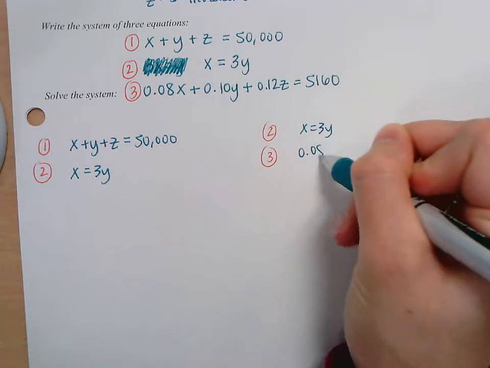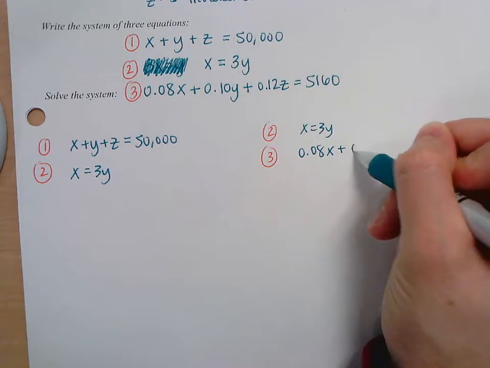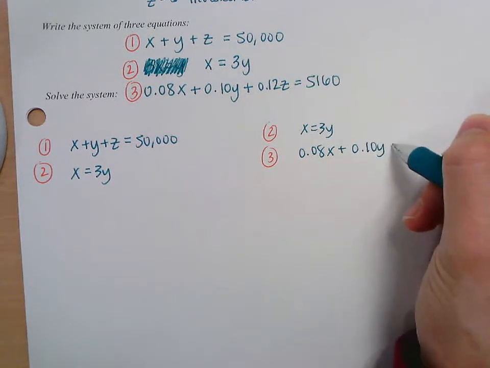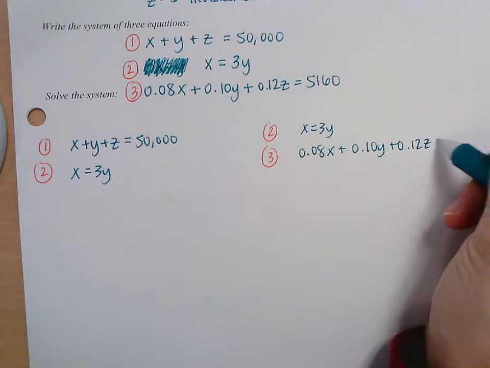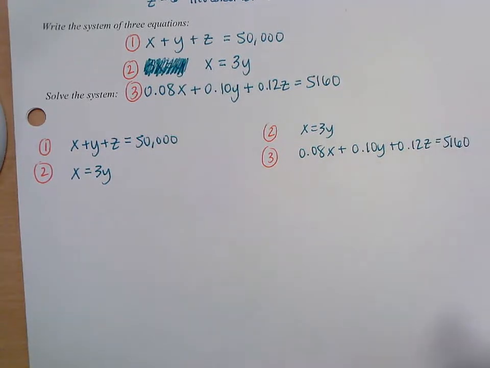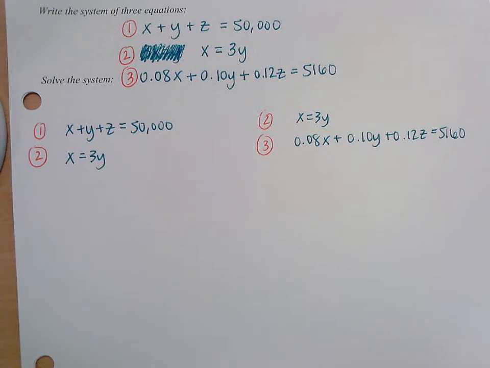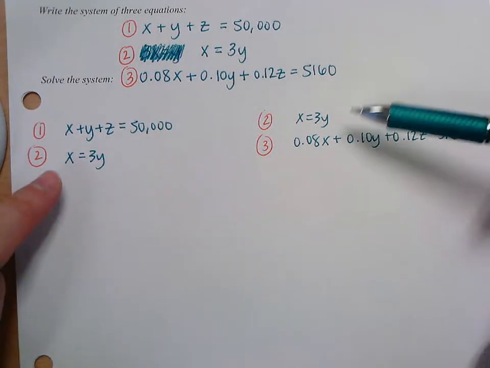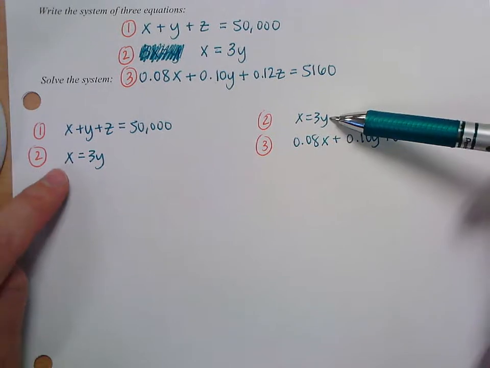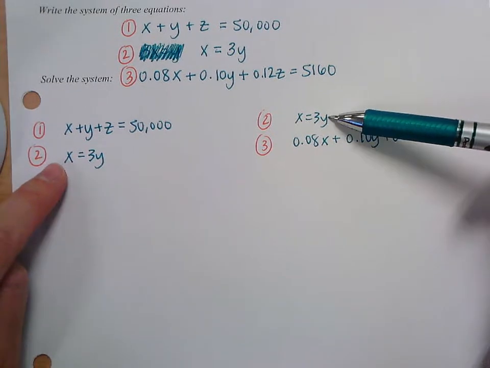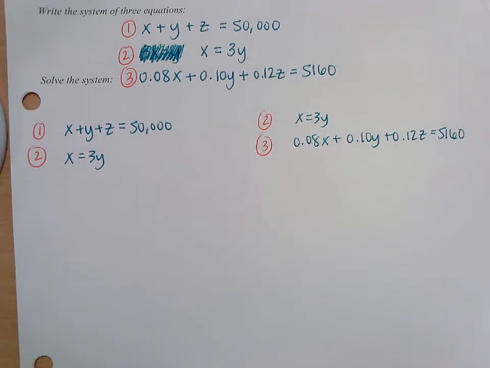So you still start out taking 2 different pairs of equations. Your goal is still to eliminate a variable. Yesterday, we used elimination to do that. We used the elimination process to eliminate one of our 3 variables. Here, because one of our equations is already set up nicely for substitution, we're going to use substitution to eliminate a variable.